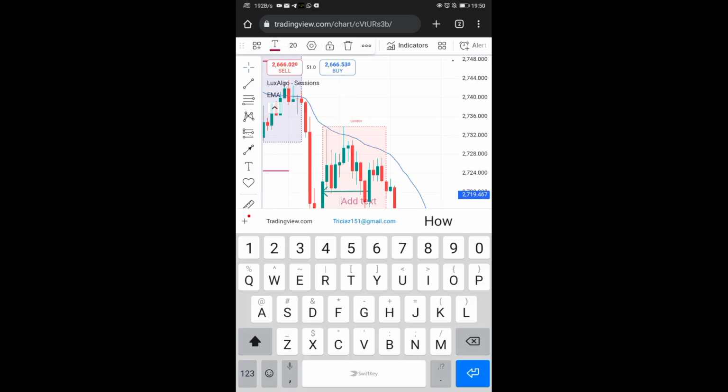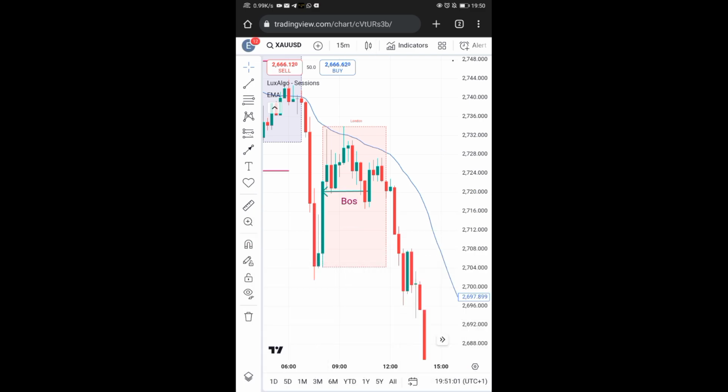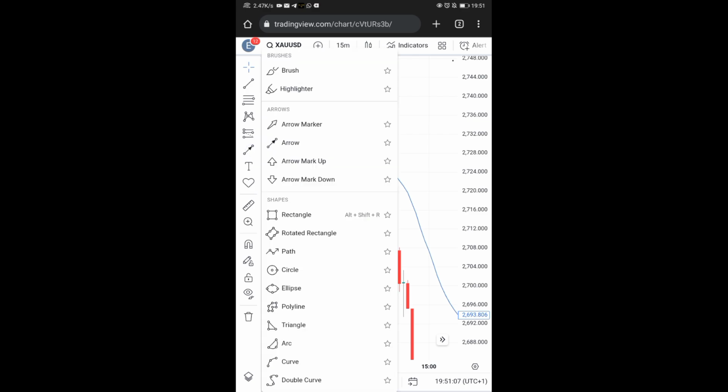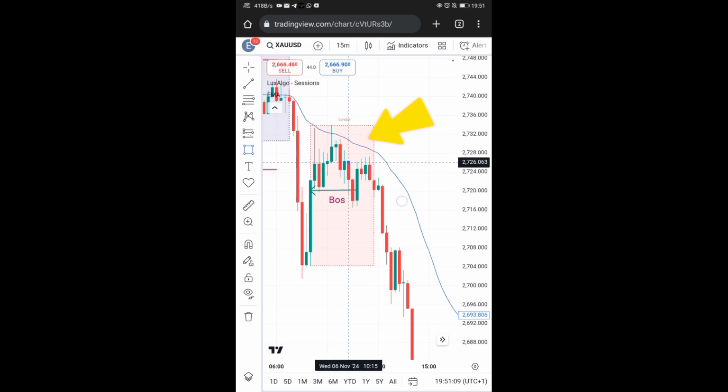So as the market gave BOS, my job now is to look for a recent zone that had broken structure to the downside. But in this scenario, we have two. I have one right here and I have another one right here.